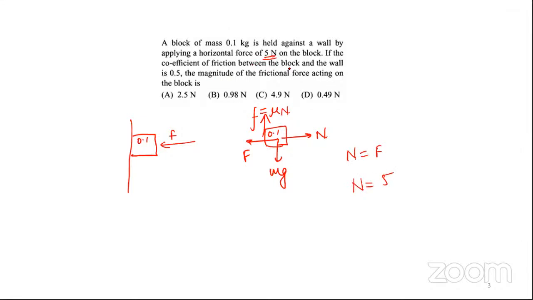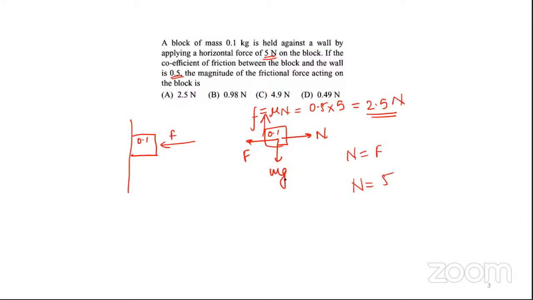The coefficient of friction is given as 0.5, so my f becomes 0.5 into 5, that is 2.5. Alright, so 2.5 Newton is the maximum value of friction over here.